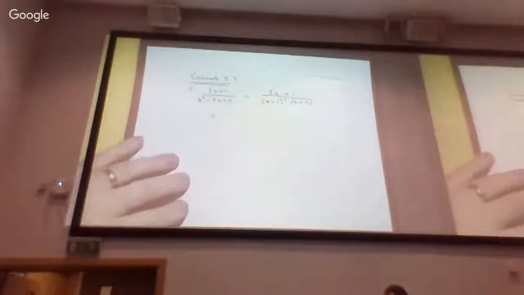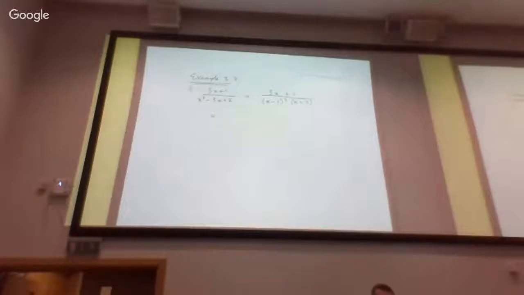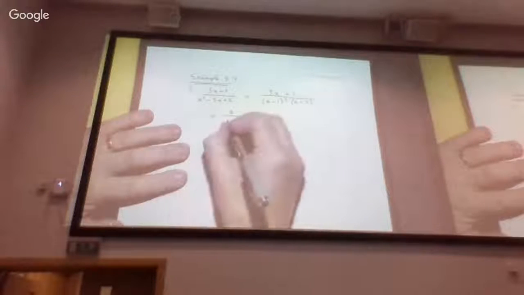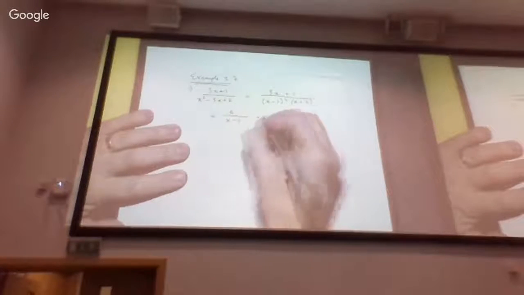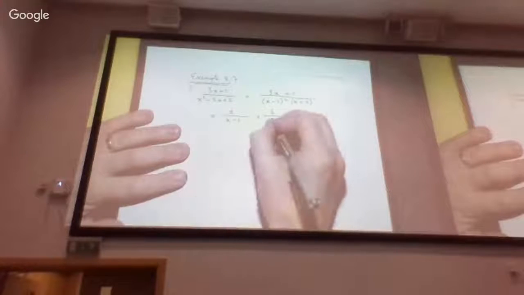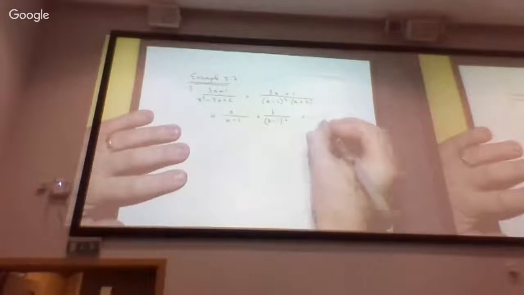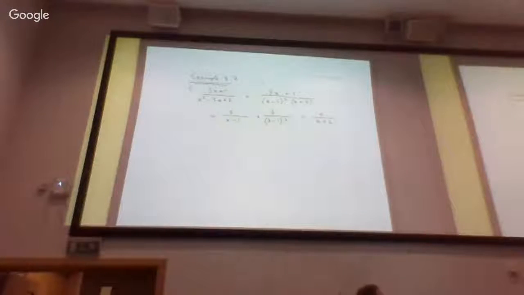So following the general method, the partial fraction expansion of this is going to look like some unknown constant A over x minus 1, plus another unknown constant B over (x minus 1) all squared, plus a third unknown constant C over x plus 2.